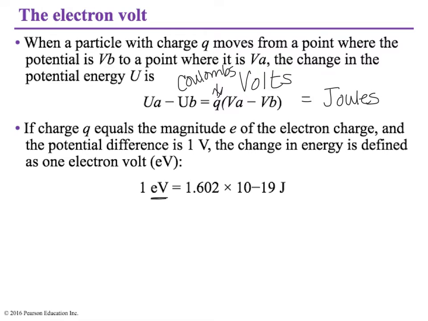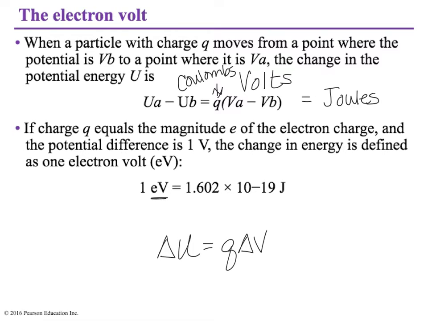Basically it originates with this relationship between change in potential energy and change in potential. And so the idea is, what is an electron volt? It's basically when instead of measuring the charge in units of coulombs, we measure it as just the magnitude of the charge of an electron.